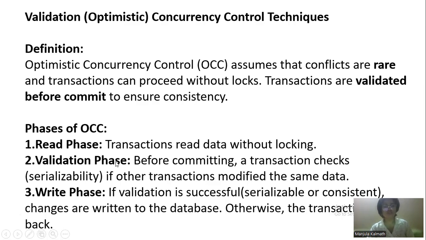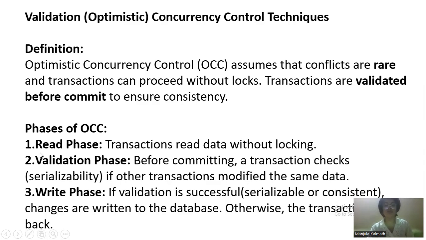This validation phase checks all the transactions for their changes, whether they are consistent or inconsistent, meaning it checks serializability, whether these are serializable or non-serializable schedules. If they are consistent and maintain serializability, once that is ensured, only then do they write to the database. That is the final commit operation.